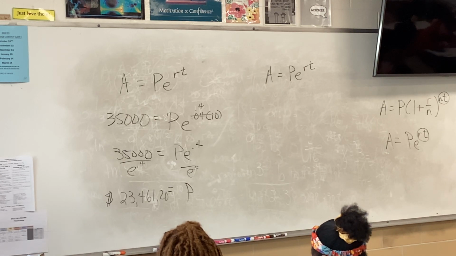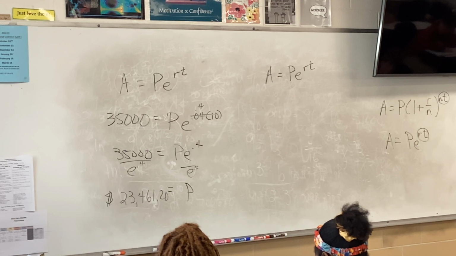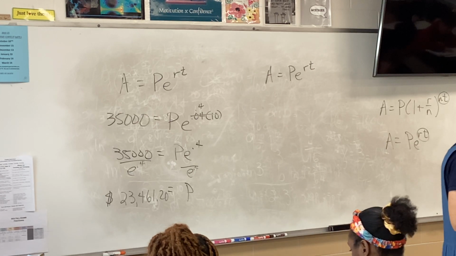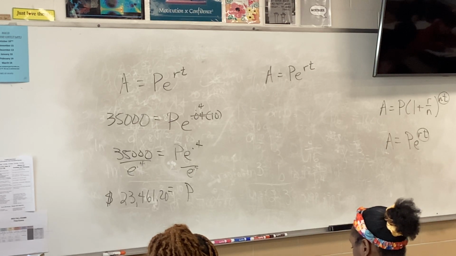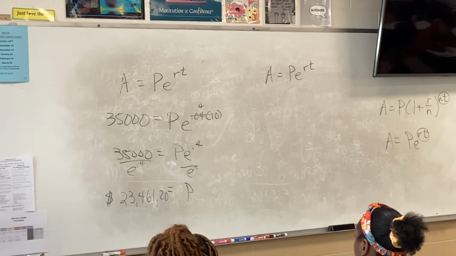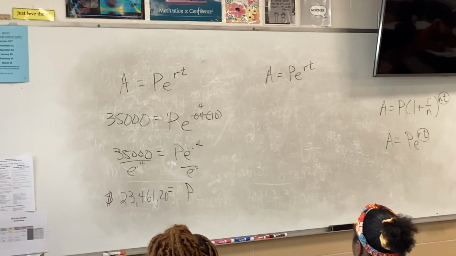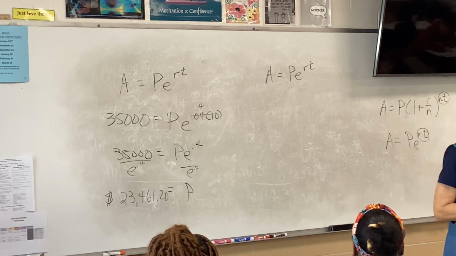So if you started with 10 grams, and in 15 years you had 5 grams, then your half-life is 15 years. And then after 15 more years, you'd have 2.5 grams, and then 1.25 grams, and so on. You lose half each time. Did they tell me how much I'm starting with?